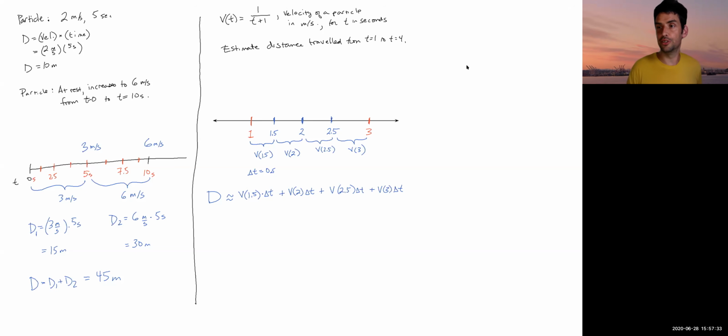Now, let's add a little bit to this picture. We know the function v of t equals 1 over t plus 1. Its value at 1 is 1/2. I'm just going to put that right here.